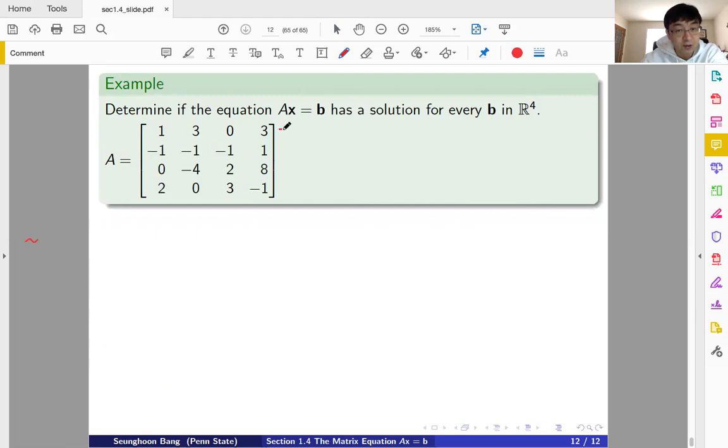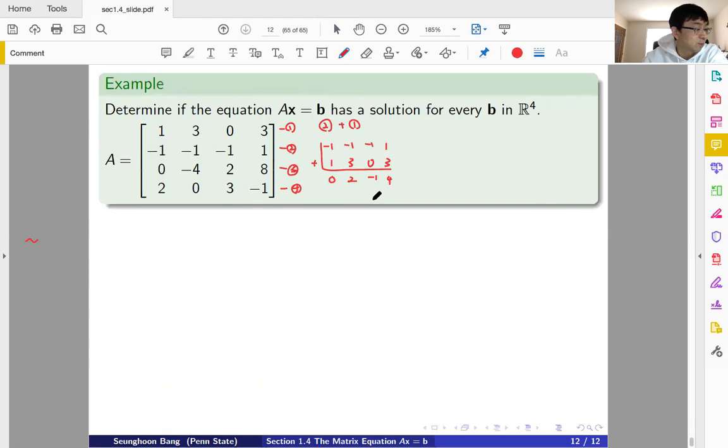This is the first row, this is the second row, this is the third row. Second row plus first row, you calculate. So we have -1, -1, -1, 1 for the second row, plus the first row, 1, 3, 0, 3. You add it, so we have 0, 2, -1, 4.